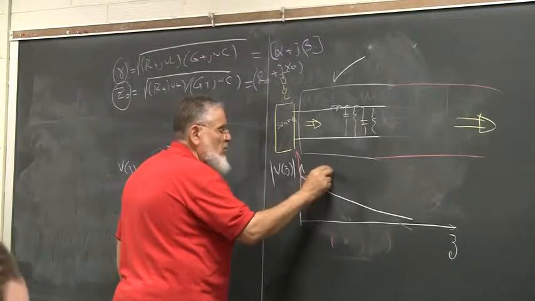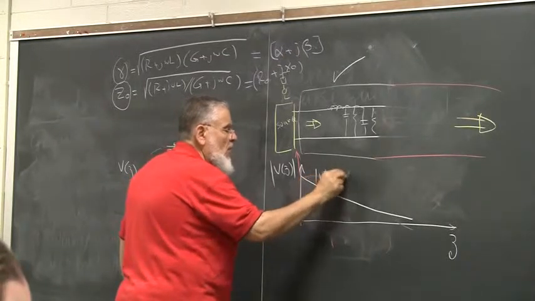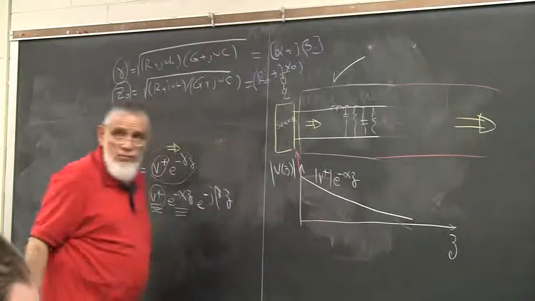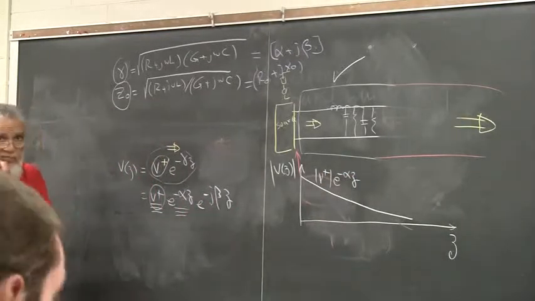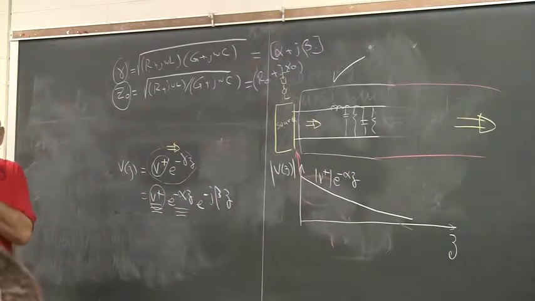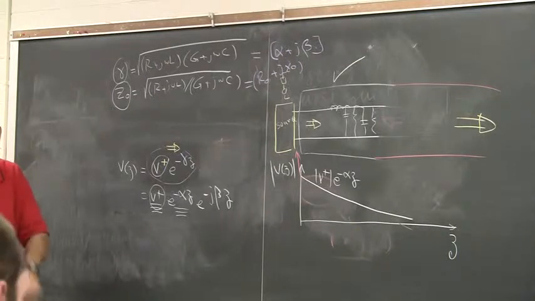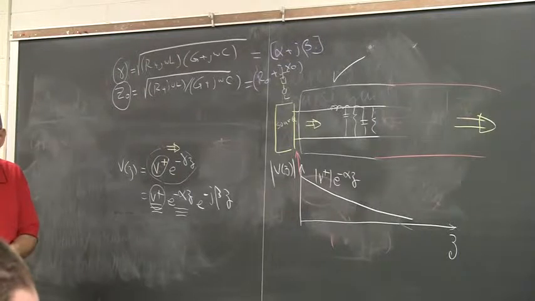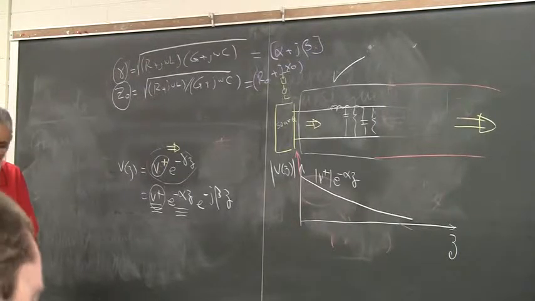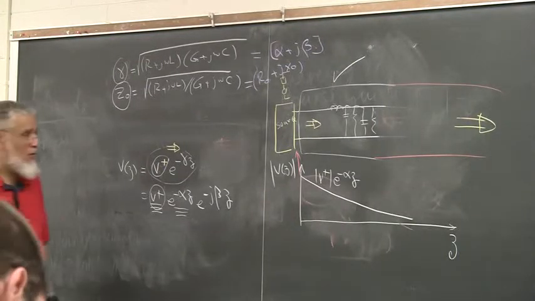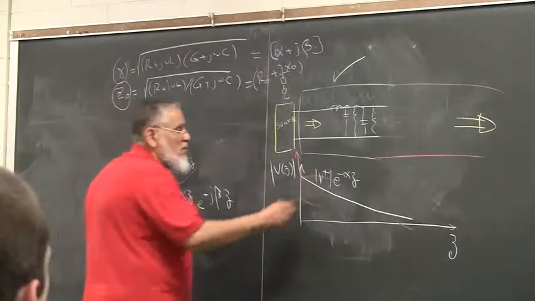V plus magnitude e to the minus alpha z. Right away, I can assign a name for this alpha, right? It's not just a real part of gamma, it now has some physical meaning, which is the attenuation coefficient.